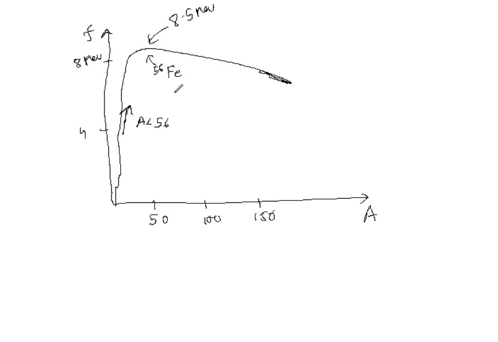So any nuclear reaction from this part bringing the nucleus closer to this maximum will be exothermic. That means it will release energy, and this is what we want in stars. We want energy to be released, not to be absorbed, and that's why we are studying this binding fraction curve.